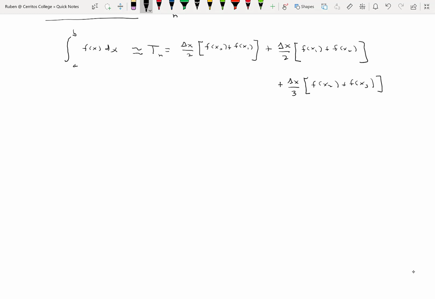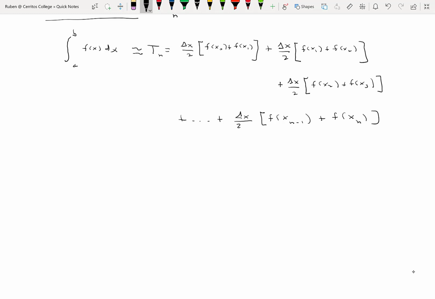Oops, I wrote delta x over 3, I'm fixing that, sorry. We keep going until the last subinterval, where we have delta x over 2 times the sum of the two y values. The y value on the left is f of x sub n minus 1. The one on the right is the y value at b, x sub n.